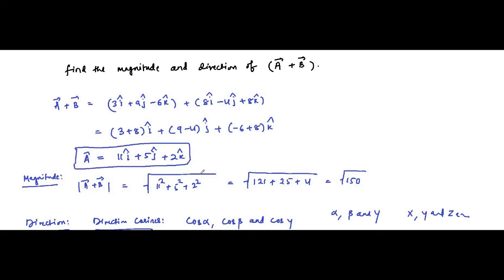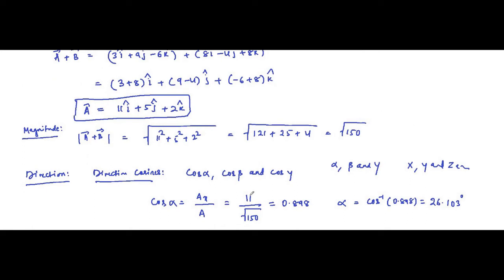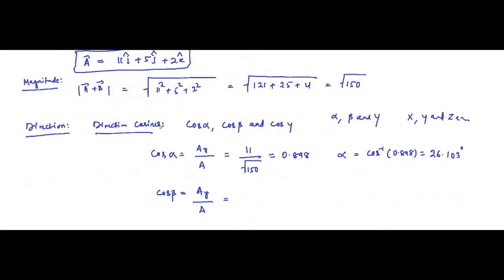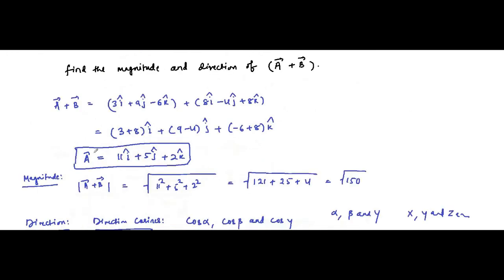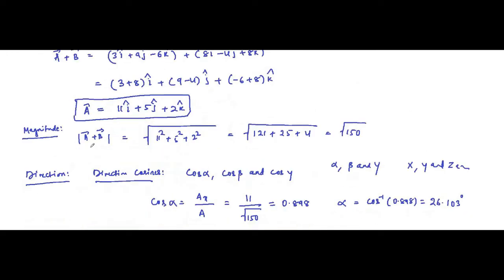Here we are doing Ax is 11, the y component Ay is 5, that is 5 by root over of 150. Don't get confused with this A and this A vector. This is not that. So, in order to avoid confusion, let us call it the resultant vector R.